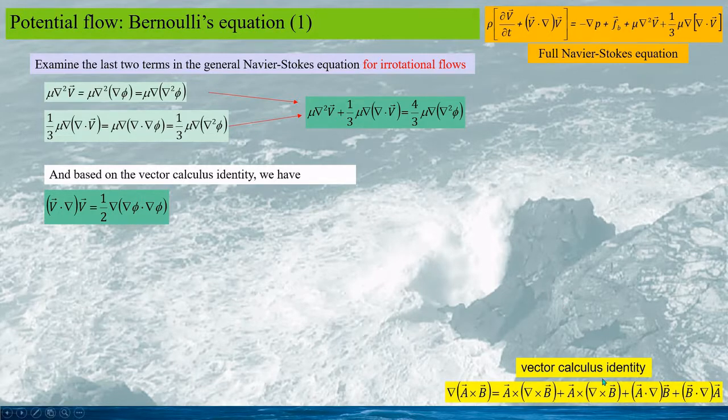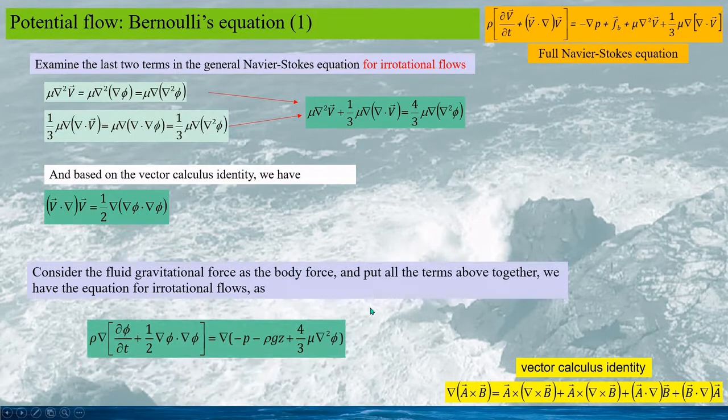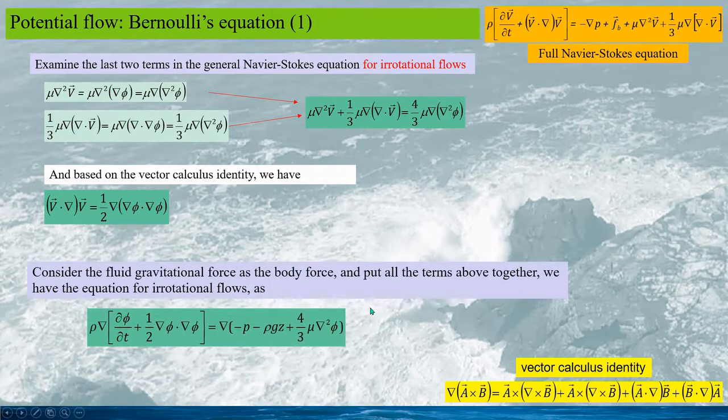Considering the flow is irrotational, we can have this. If the fluid gravitational force is the only body force, we can put all this together, and we have the equation for irrotational flows as this.